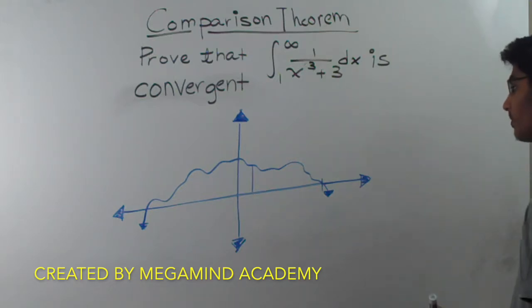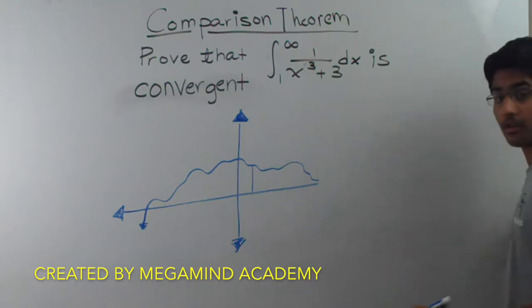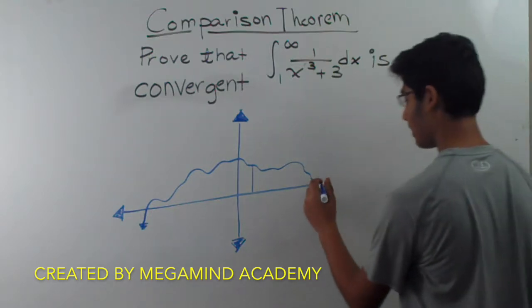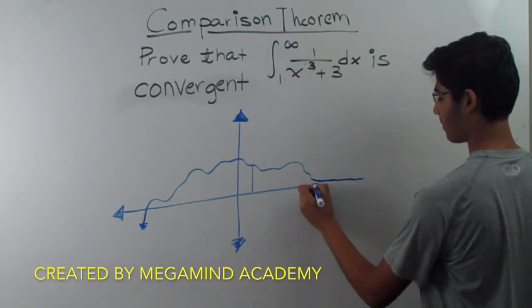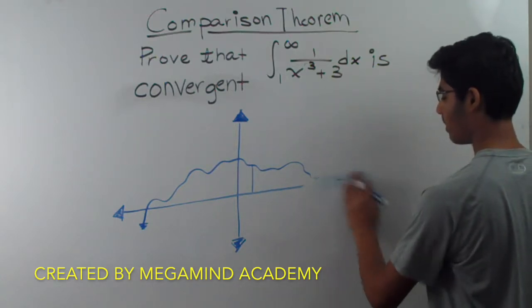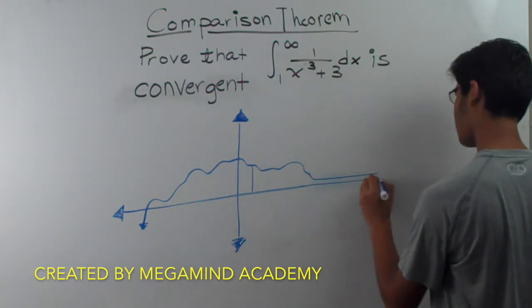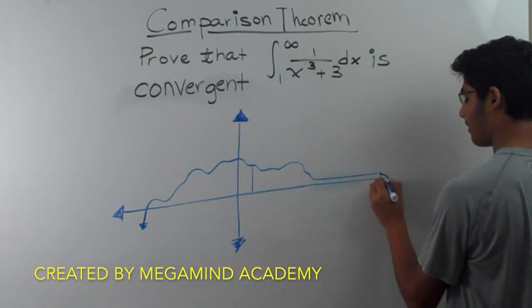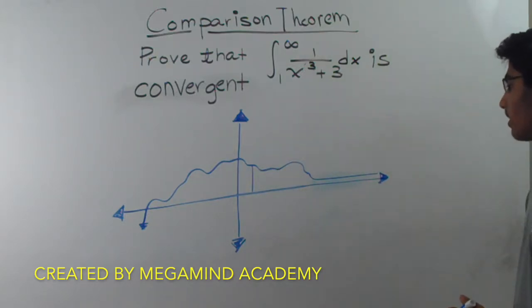So we don't know whether, or actually, because we would know that that would have to be convergent, let's say that it goes like this forever. It reaches an asymptote at y equals 0. So let's say the function is like this, because we know that if we found it from here to another point, that would have to be convergent.